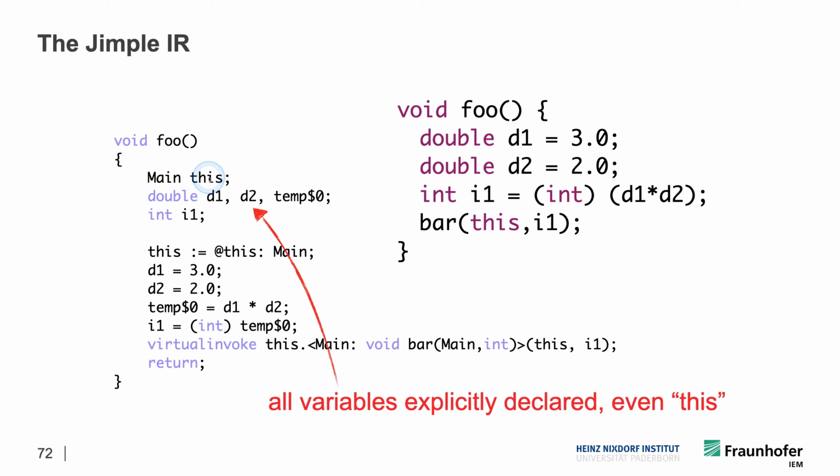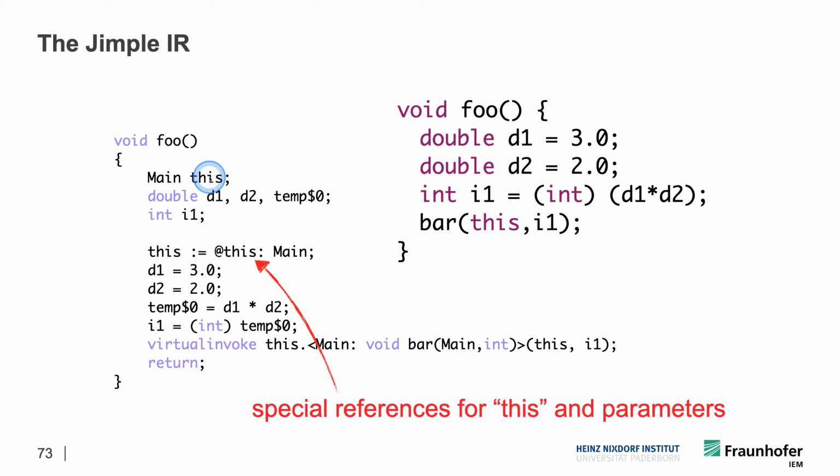This variable becomes special by assigning it this very expression that you see here. The expression on the right-hand side, the one with the @this, signals that we want to initialize that variable with the this object. So that is loading the this object.